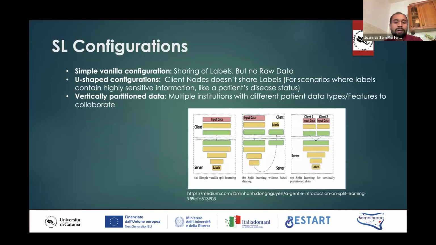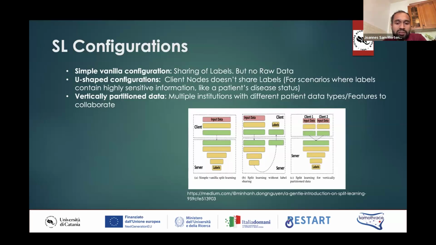There were different split learning configurations. One is the vanilla configuration, which you see in the first figure. Here there is actually sharing of labels. When I say labels, take a classification task: there is input data, and whether the disease is present or not, that is the label.